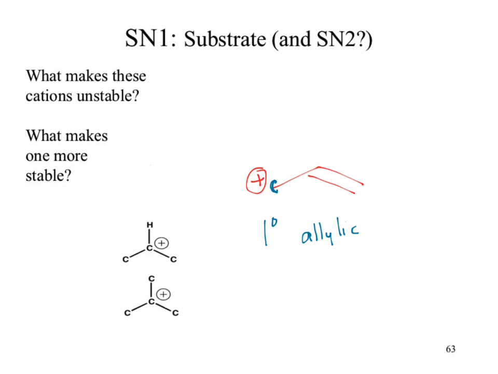It's primary, so should that react in an SN1 mechanism? No. But because it's resonance, it does. Where does it react? Faster than our tertiary. Okay? Resonance trumps the inductive effect that we're getting from our other carbons.